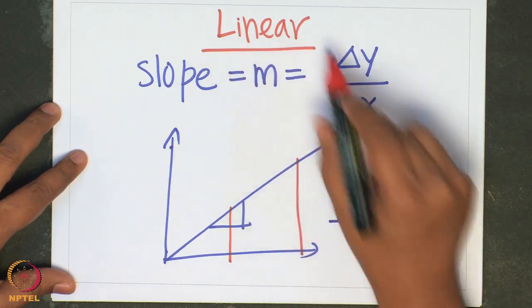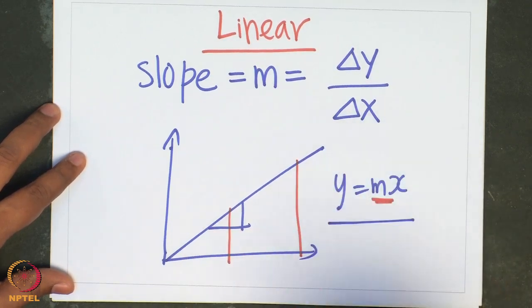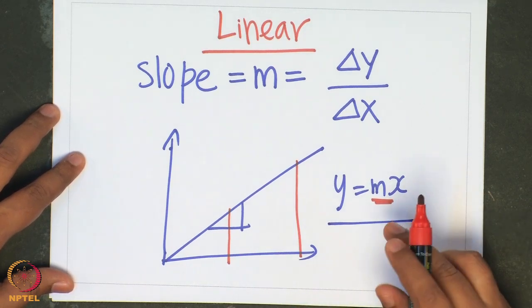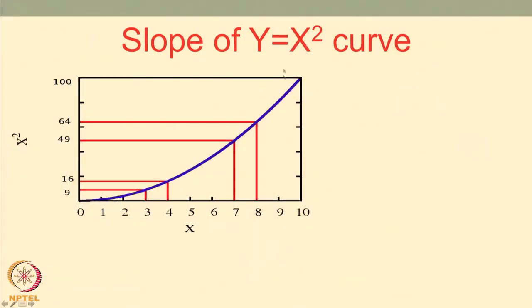If the function is not a line, what the slope is, is something that we will learn today. So y is equal to x square is the simplest example of a nonlinear function, because there is a square there.